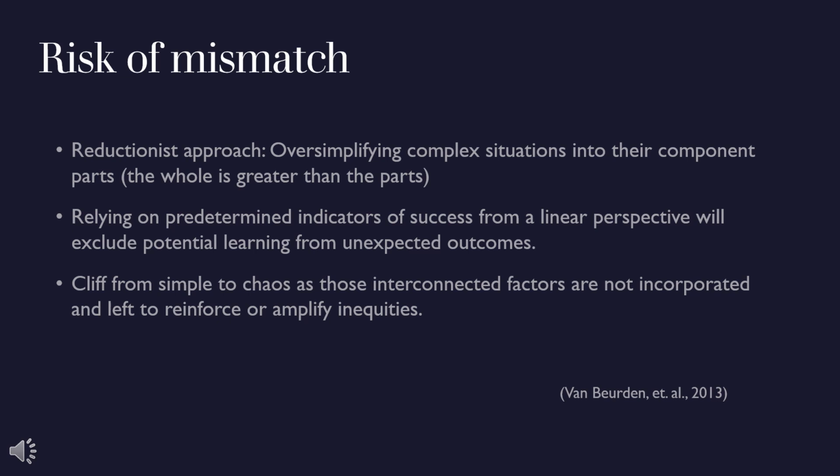And that can lead to chaos or a crisis as these inequities, these larger factors like social determinants of health, are continuing to interact but aren't on our radar, aren't something we're considering and learning from and incorporating into a continuously developing intervention that's more systems change oriented. And that's what we'll talk about in the next module too.